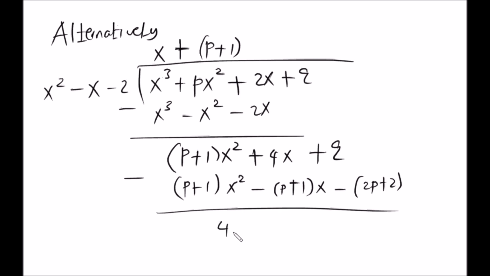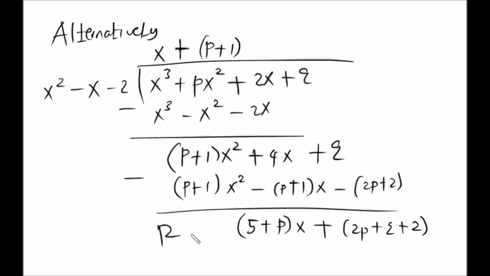Kwa hiyo itakuwa ni 4 plus 1 by the way ni 5. So itakuwa ni 5 plus px. Alafu kwa huku sasa negative na negative ni positive. Kwa hiyo itakuwa ni 2p plus q plus 2. So hii ndio remainder yetu.